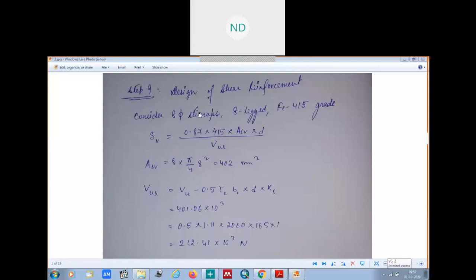It is the area of the stirrups, pi d square by 4, 8-legged, so our Asv is 402 mm square. And what is your Vus? It is given by Vu minus 0.5 tau c b0 into d into Ks. All these values we have already calculated in step number 8 while checking for shear. b0 we had calculated, d we had calculated, Ks we had calculated.